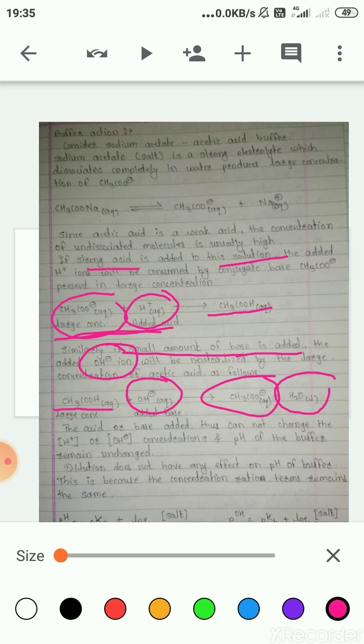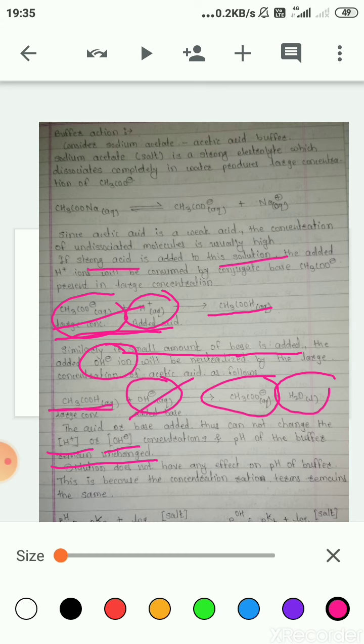That means H plus ions added are consumed by acetate ion and OH minus ions added are consumed by acetic acid, and hence the concentration of H plus ion and of OH minus in the solution remains unchanged.